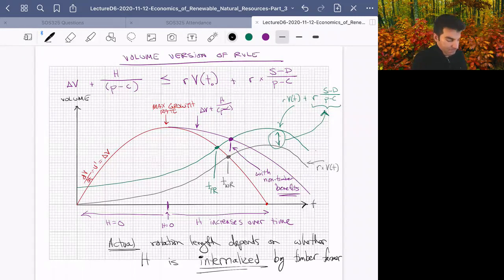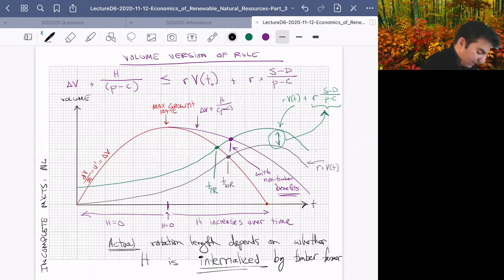So this is really a question of incomplete markets and negative externalities.